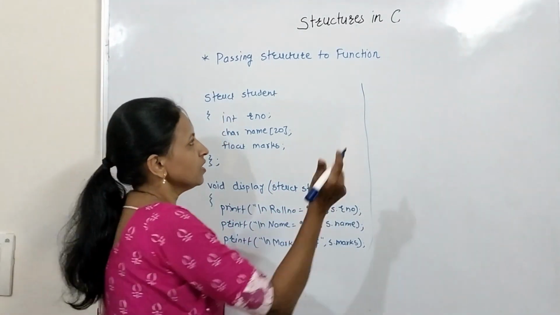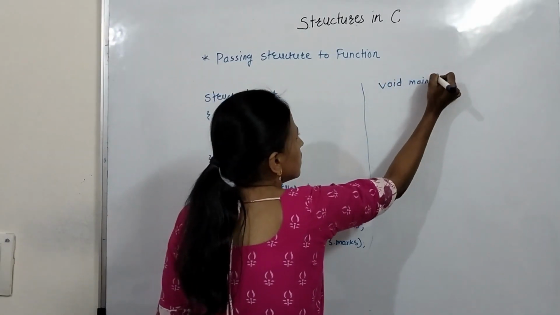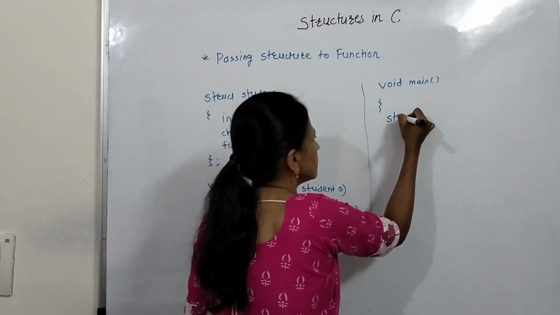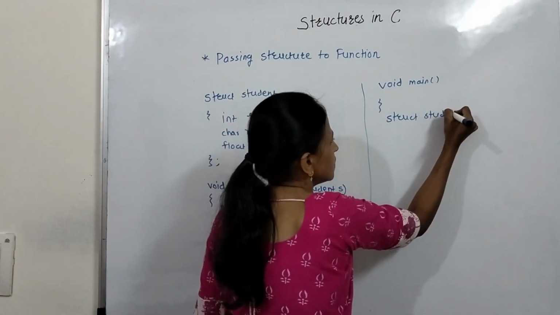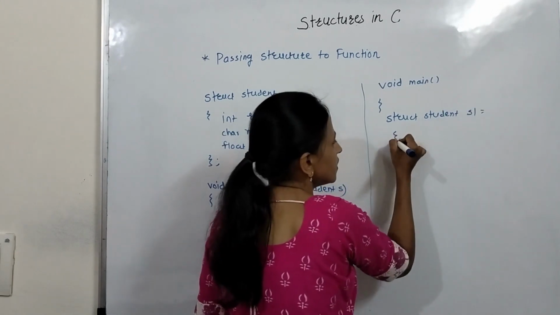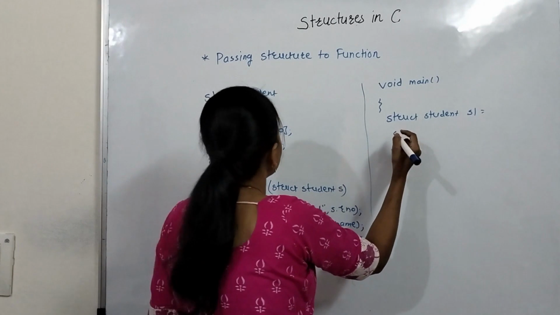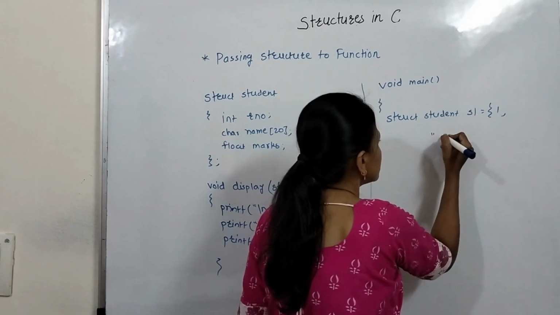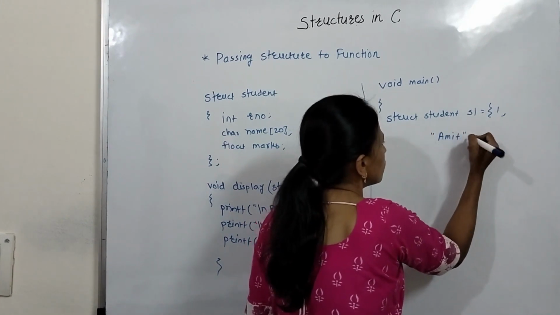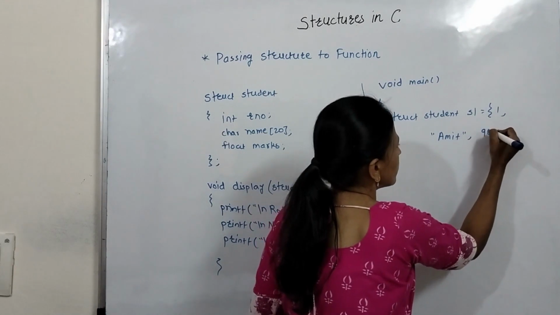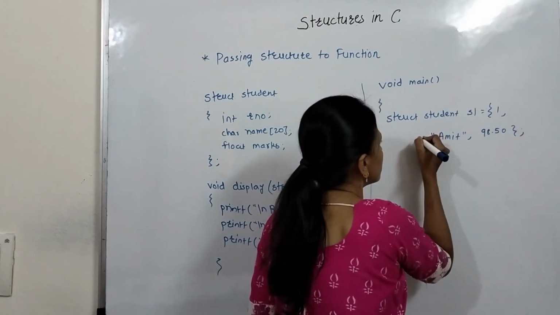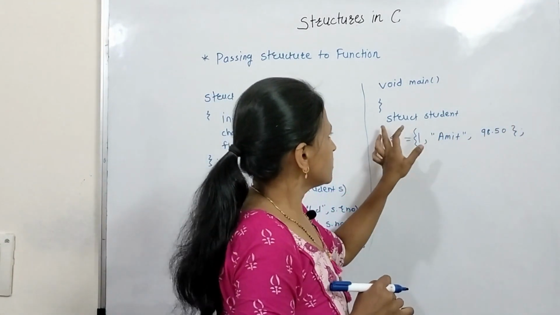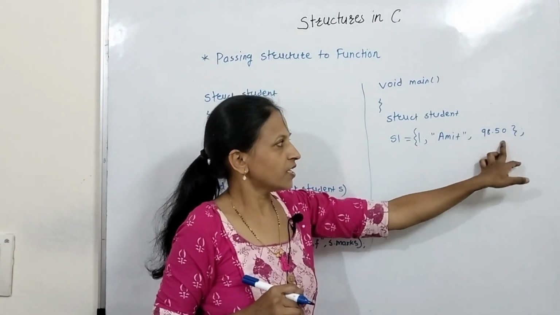Here I am creating one variable of this struct student, struct student s1 equals, with initial values here only: first rno 1, then name Amit, and marks 98.50. I have written it here only because of space.